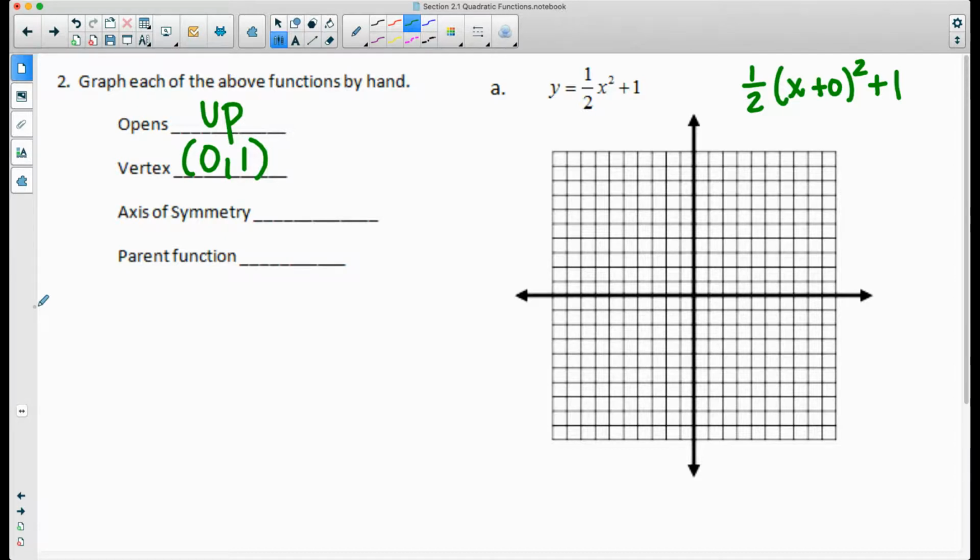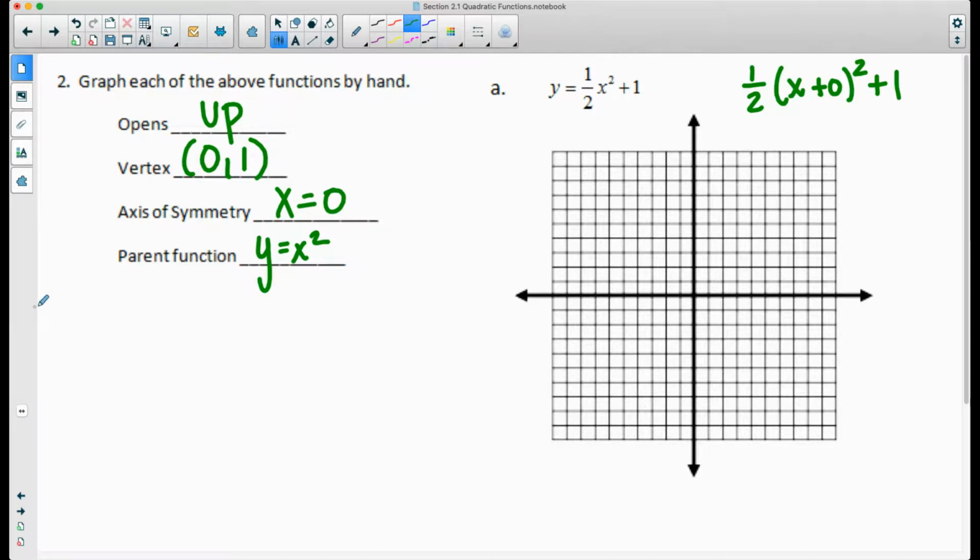You would also get that from the opposite of 0 divided by 2 times 1/2. Our axis of symmetry is still the x value of our vertex. I have the parent function on there, x squared, in case you wanted to graph it by doing transformations, but I'm going to show you both.